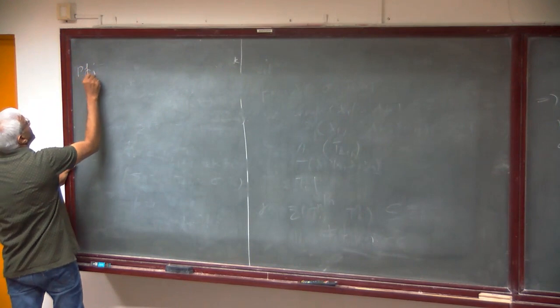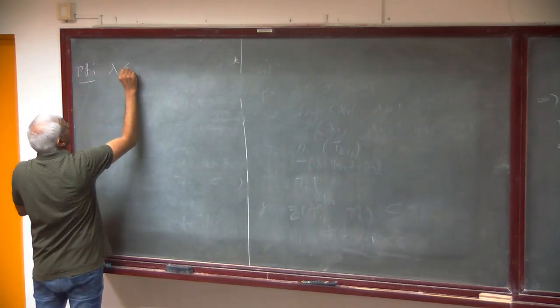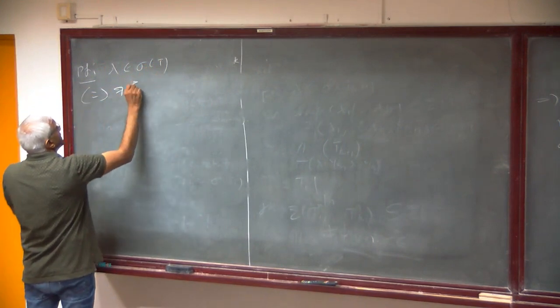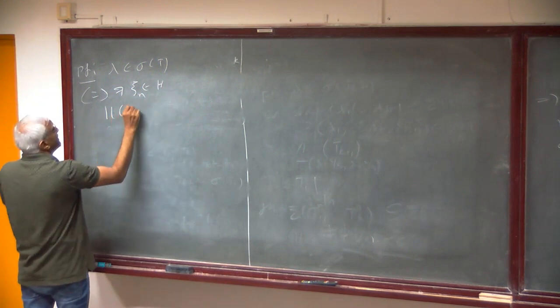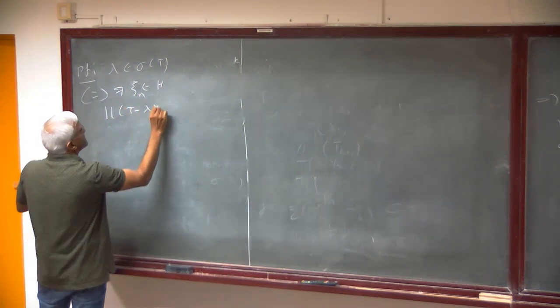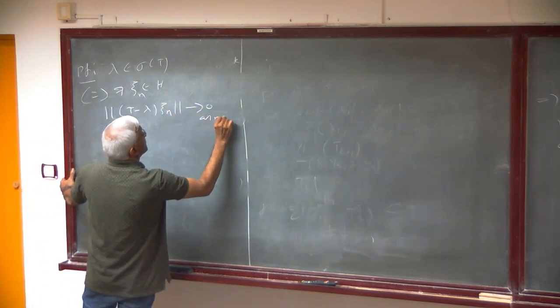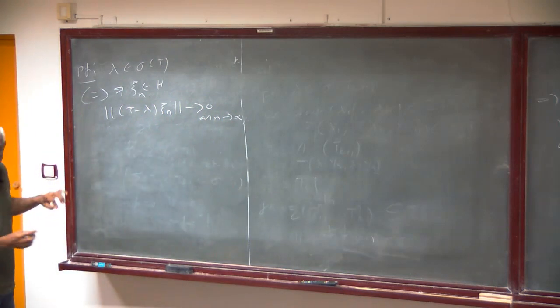So, proof. If you have a lambda in sigma of T, that is equivalent to saying there exists xi n in H such that norm of (T minus lambda) xi n goes to 0. But T is normal, so T minus lambda is also normal.